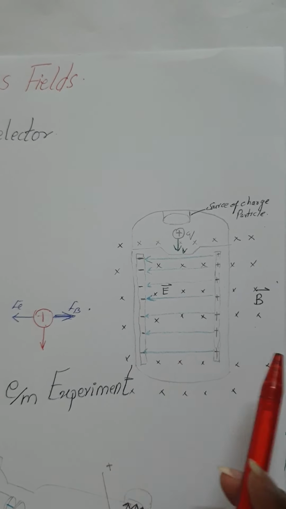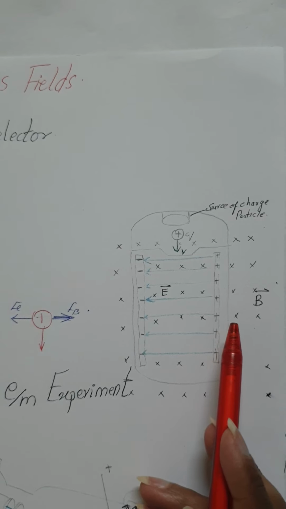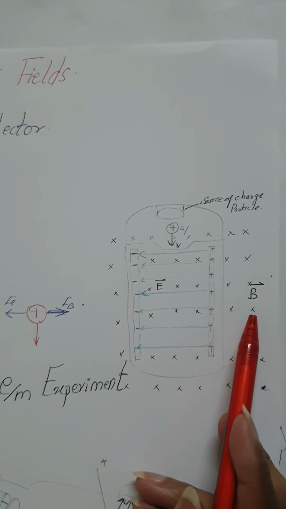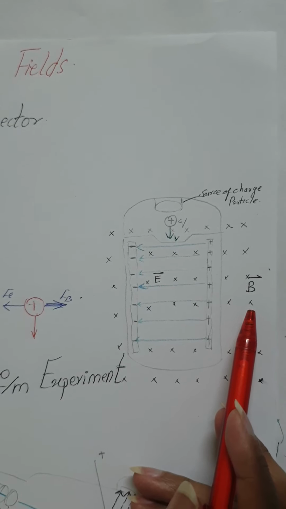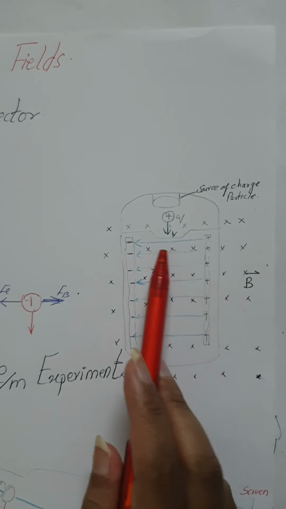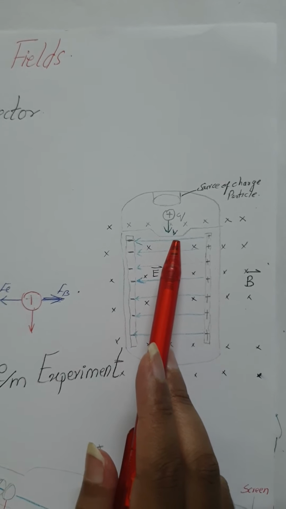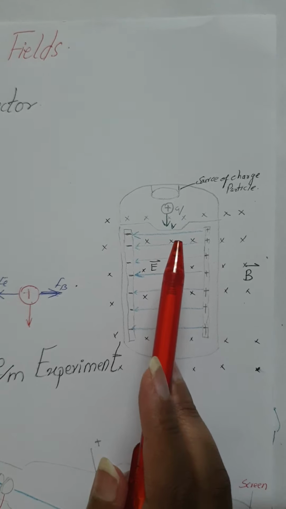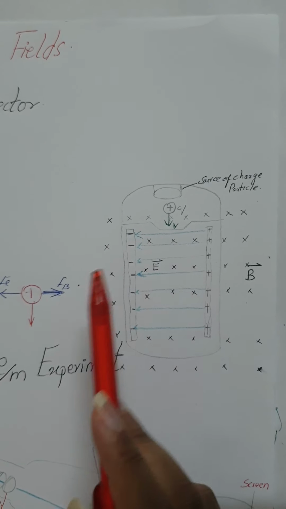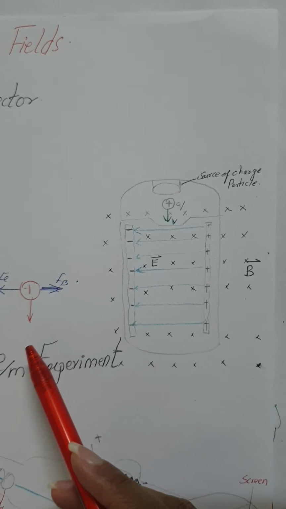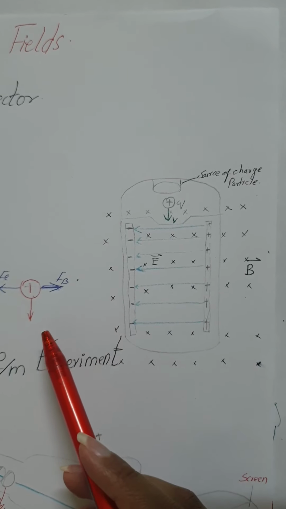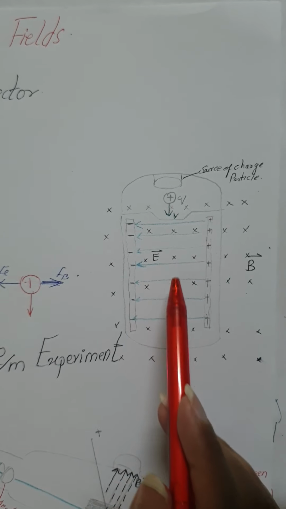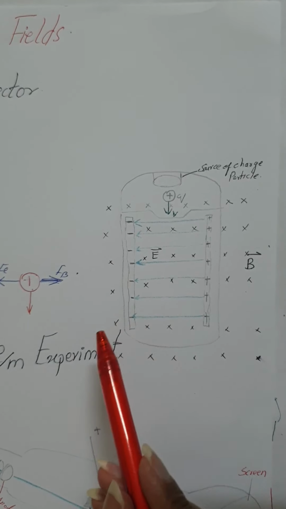So for these E and B, if the electric field and magnetic field magnitudes are given, then for a particular value of speed v, the electric and magnetic forces will become equal in magnitude, and in that case the force becomes zero and the particle travels in a straight line with constant velocity.